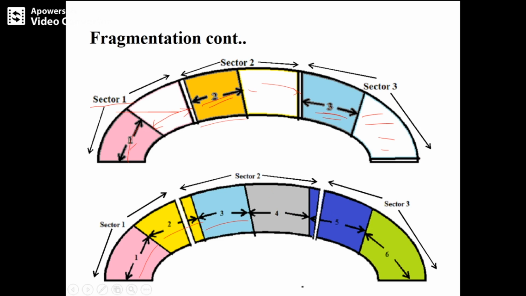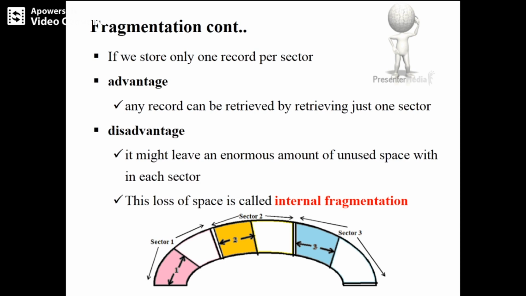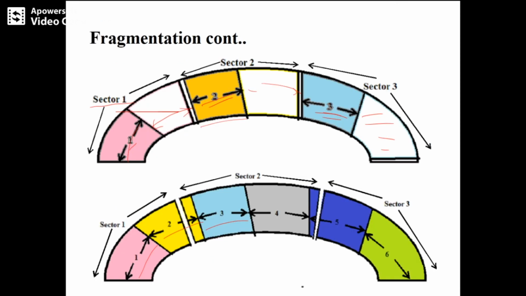So that is one good thing: there is no memory loss, no wastage of space. But what is the disadvantage? If you go for the earlier kind of sector organization, then suppose you want to search record 2, you directly go to sector 2 and get your record.